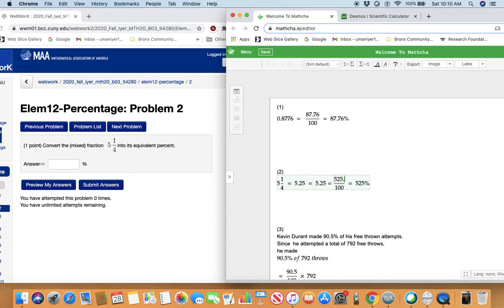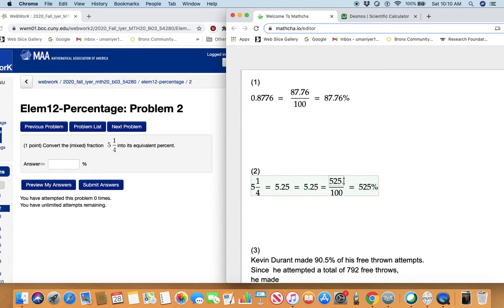Now you can see it, right? I hope you can see it. When I divide by 100, the decimal point goes to the left. So why did I write 100 here? Because division by 100 is what is called percent.